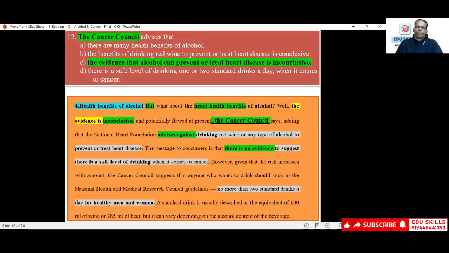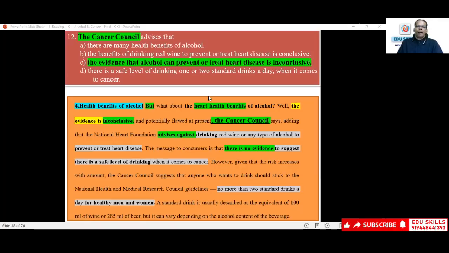However, given that the risk increases with amount, the Cancer Council suggests that anyone who wants to drink should stick to the National Health and Medical Research Council guidelines. No more than 2 standard drinks a day for healthy men and women. A standard drink is usually described as the equivalent of 100 ml of wine or 285 ml of beer, but it can vary depending on the alcohol content of the beverage.